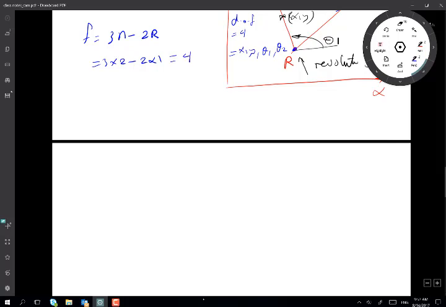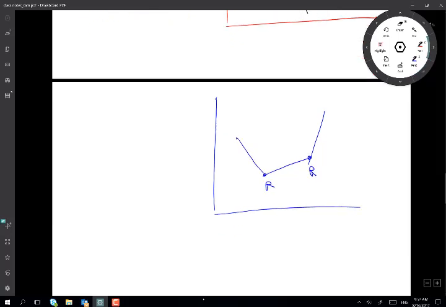And this is 4. Now I can add another revolute joint, another R, and I can say degrees of freedom here: x, y, and this angle here, theta 1, theta 2, theta 3.